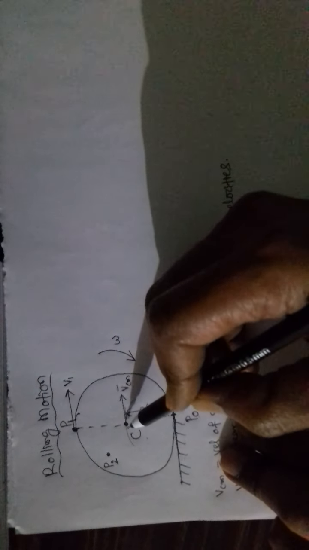For this, VCM becomes the tangential or linear velocity, and that is v equals R omega. So here VCM is nothing but R omega.